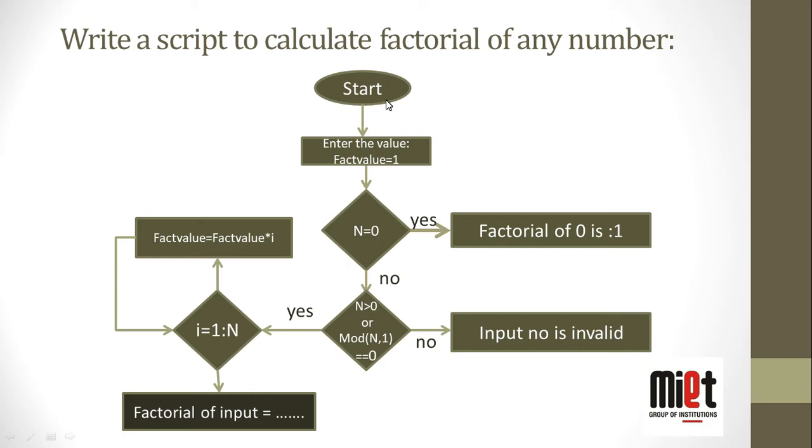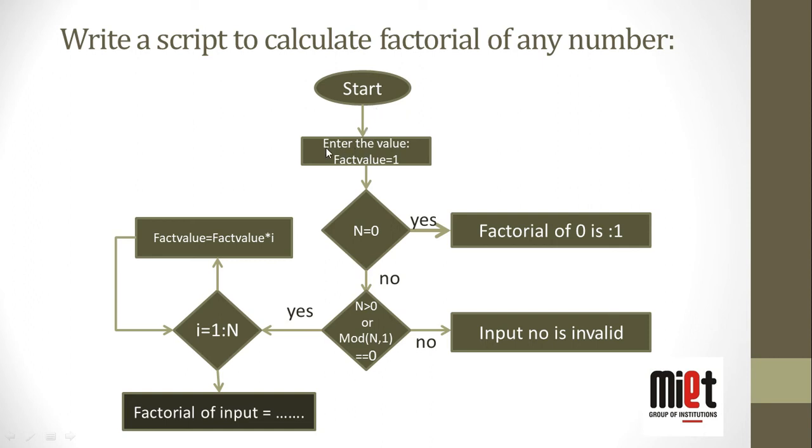If I want to find the factorial of any number, I need to enter the value of that variable. So first I need the program to ask me for the value, for what value you want to get the factorial. So there should be a statement to enter the value, right after the start.